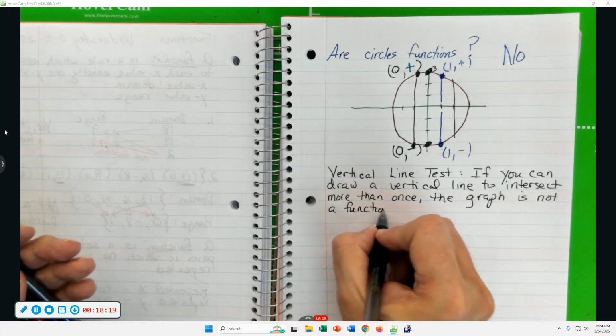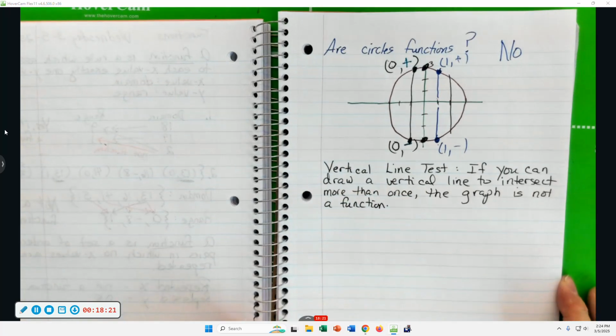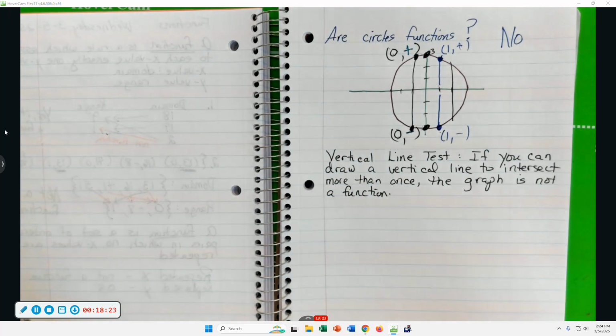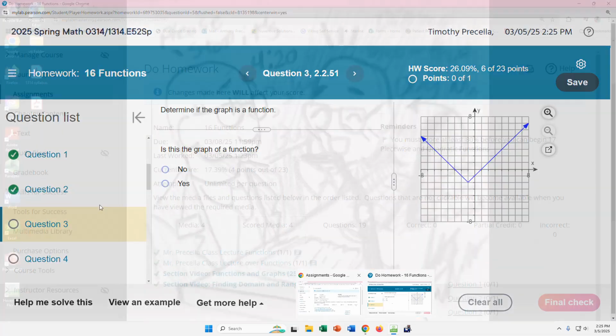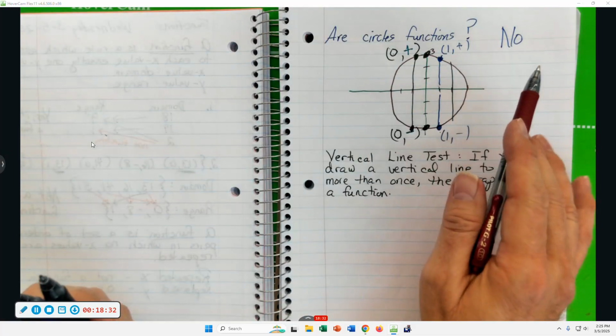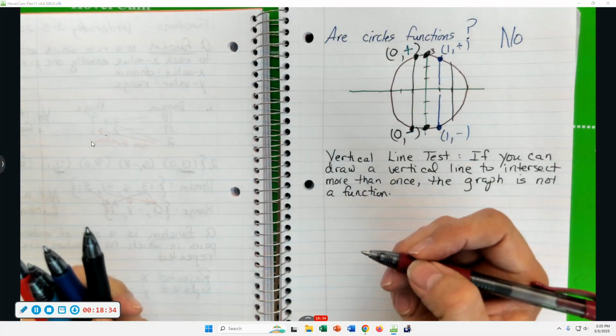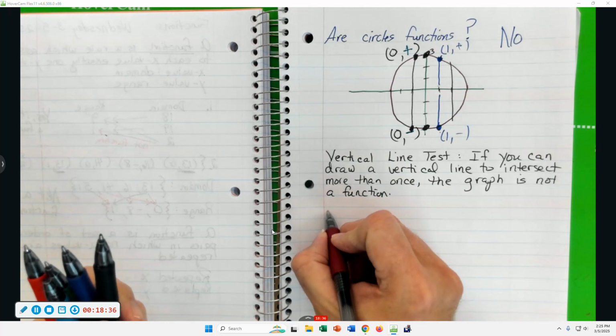So if a vertical line intersects a graph 2 times or more, then it's not a function. So we've answered the question, are circles functions? Well, let's do number 3.